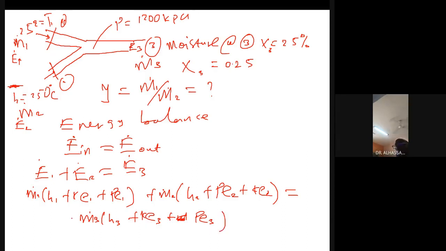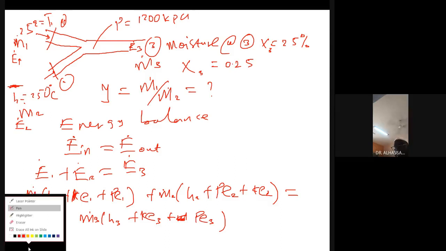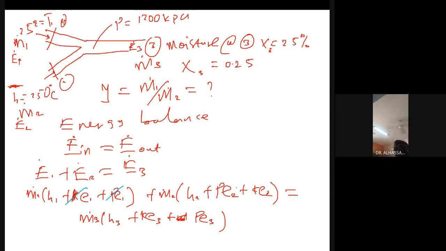One thing you should know, the basic assumption is that the change in potential and kinetic energy terms will be equal to 0 because no velocity is given. All this will be equal to 0. So now the equation reduces to M1 H1 plus M2 H2 equals M3 H3.